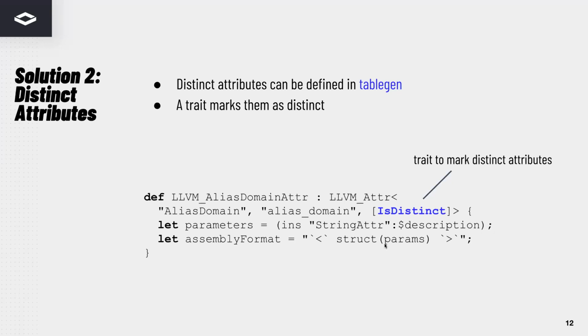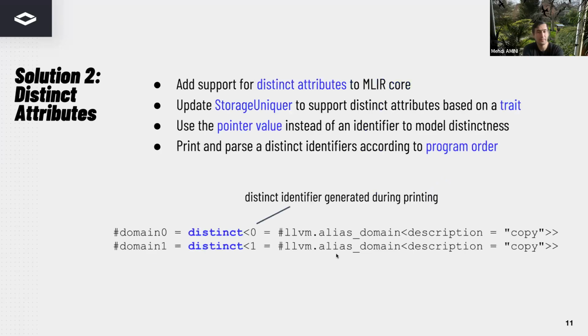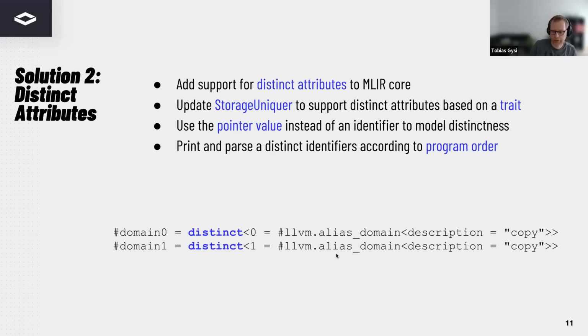So if you go back to where you had those IDs, 12012, I think we could get this today by, instead of distinct 0, inside your alias domain, for example, you would also have an ID, or whatever you want to call it, and you point to a resource handle, and this is automatically handled by the printer exactly as you want today. And if there's no data, then it doesn't print at the end. So the only thing we would have is a name that is automatically renamed when there are collisions.